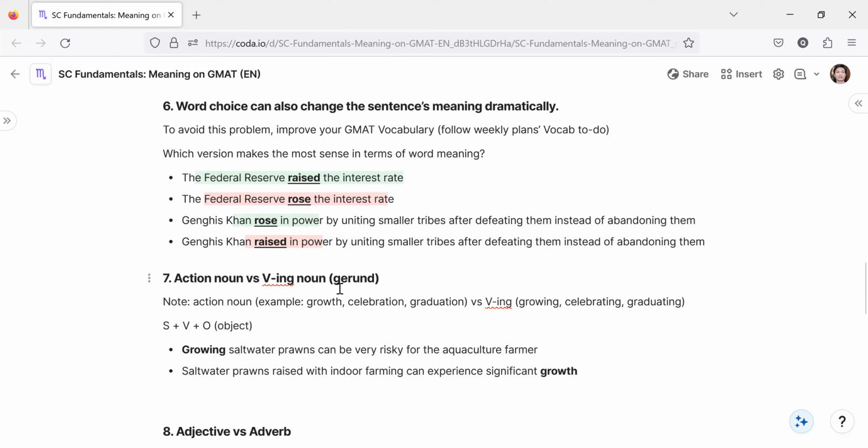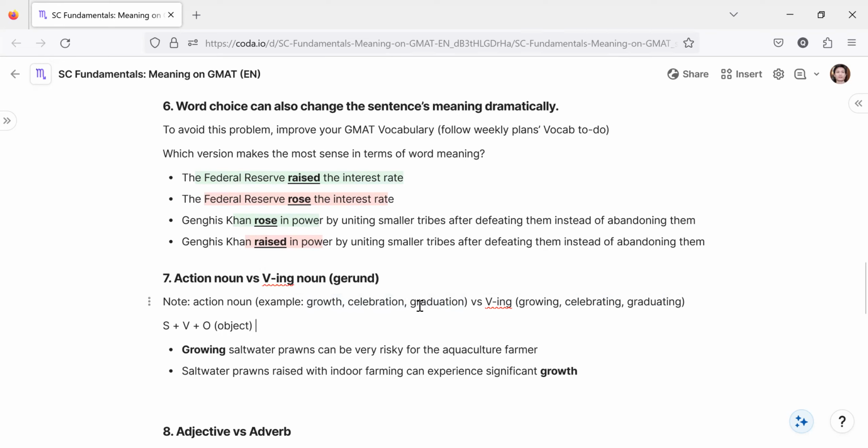I like walking, I like swimming, I like jogging, I like cycling. So those verb-ing versions of walk, swim, and jog are being used as gerunds. Growing, celebrating, graduating, same thing, right? And action nouns for the same words could be growth, celebration, and graduation.